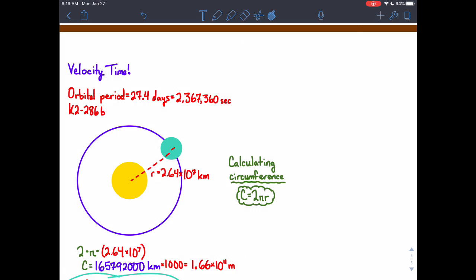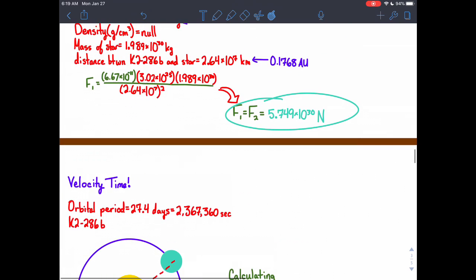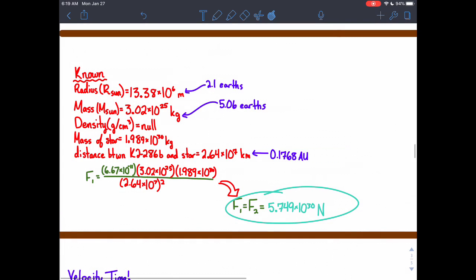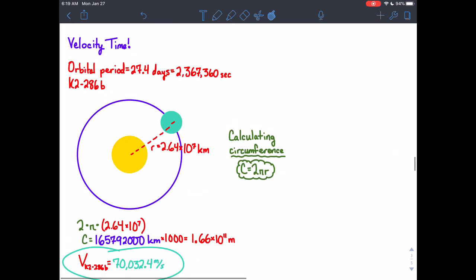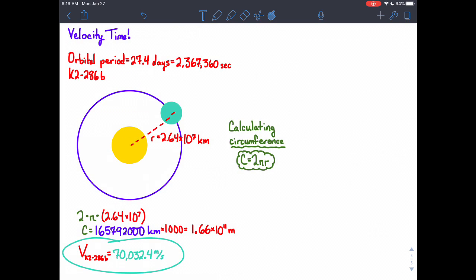So, to derive this velocity, you need to have the circumference and the time it takes to do a full revolution. We don't actually have the circumference, but we do have a given radius, which is up here, 2.64 times 10 to the 7th. That's like the distance, if you know what I mean. So we're actually doing the circumference of the whole entire thing. So yeah, 2.64 times 10 to the 7th kilometers.